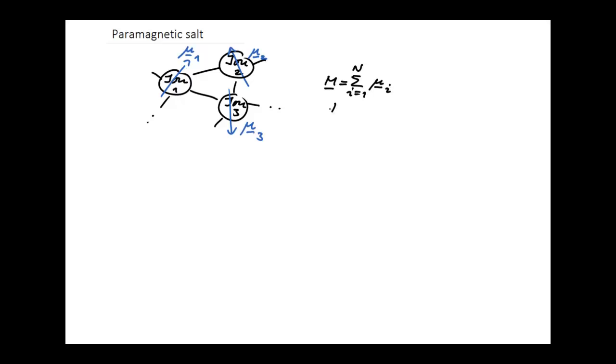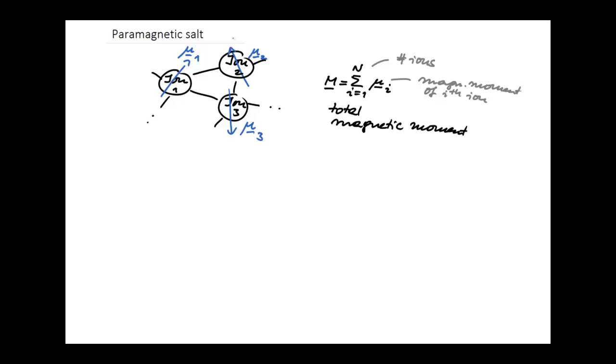This is then the total magnetic moment. The N denotes the number of ions, and the mu i is the magnetic moment of the ith ion.